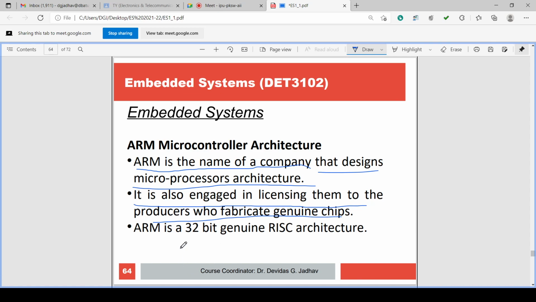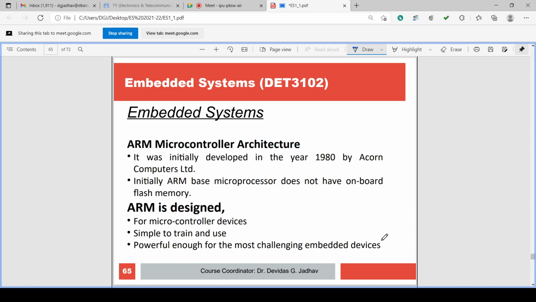ARM is a 32-bit genuine RISC architecture.